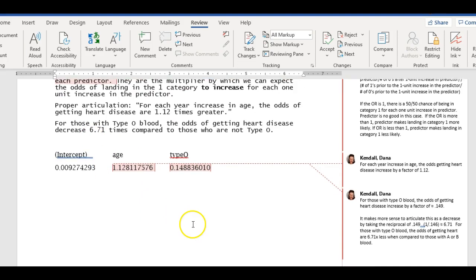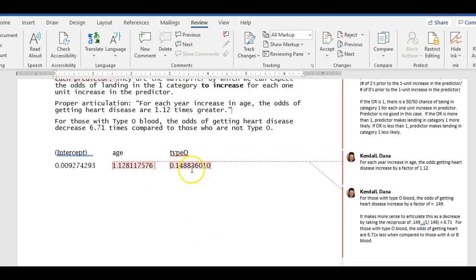Okay? So this is akin to taking that cardiac heart disease variable and switching the zeros and ones. So we would make 0 heart disease and 1 no heart disease, and then we would run it and we would get an OR of 6.71.